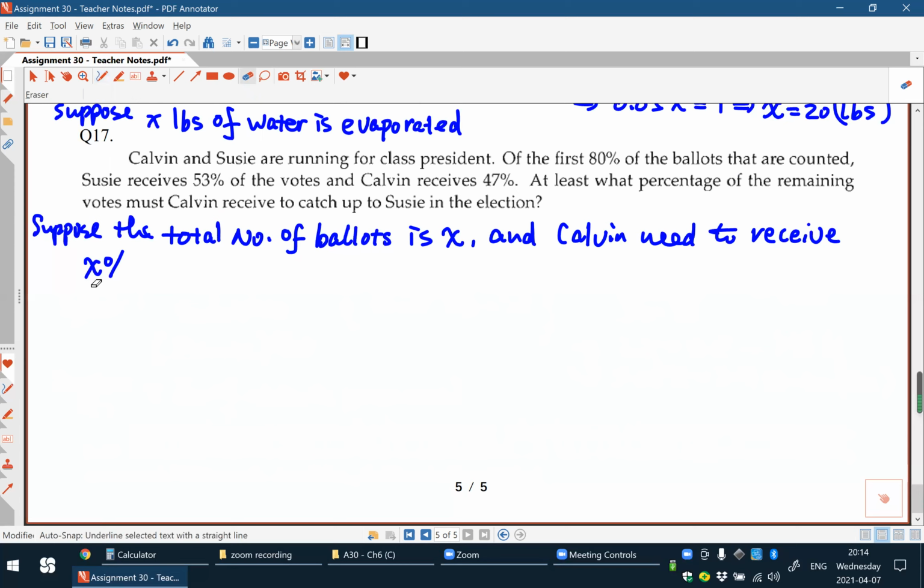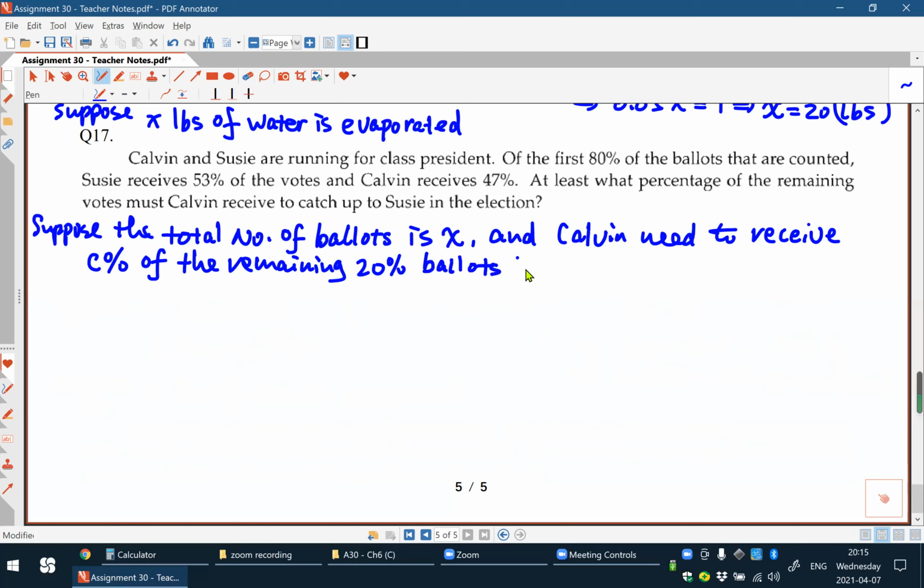Sorry, X has been used. So Calvin needs to receive C% of the remaining 20% ballots to catch up with Susie.